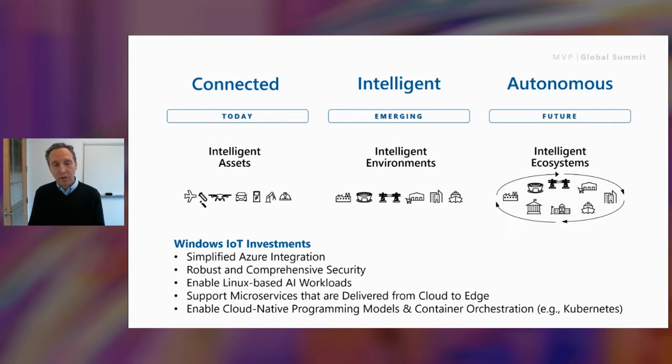I mentioned that security becomes more important as these devices are no longer disconnected islands, but get connected either directly or indirectly through a gateway. And so security becomes paramount. As a company, we're investing billions of dollars in security across our entire Windows platform, which Windows IoT benefits from.